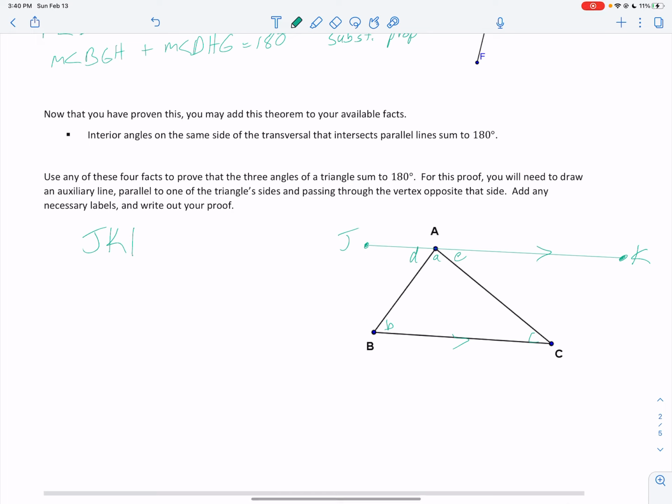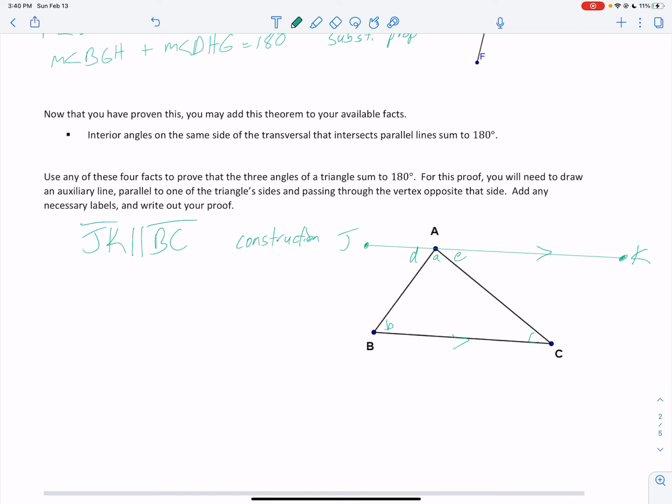But we need to have the statement that says JK is parallel to BC. And we're going to say that we constructed it that way, or we've defined it that way, whatever works. And then something that we're trying to prove is that the three angles of a triangle sum to be 180.